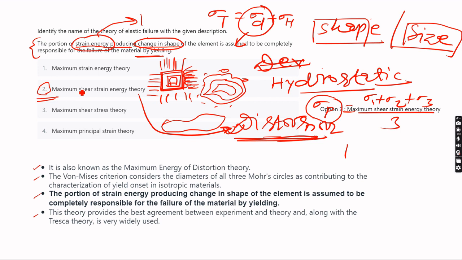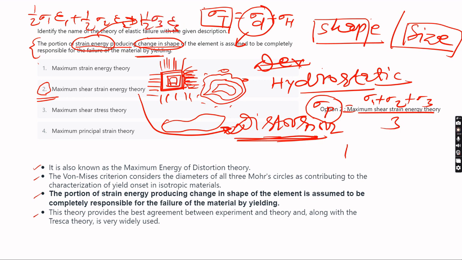But apart from this question, I am going to tell you something. When you calculate the total strain energy, sigma t, how will you calculate it? Simple: you write 1/2 sigma 1 epsilon 1, plus 1/2 sigma 2 epsilon 2, plus 1/2 sigma 3 epsilon 3.